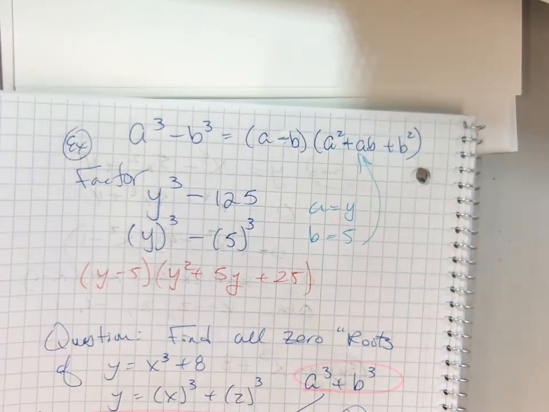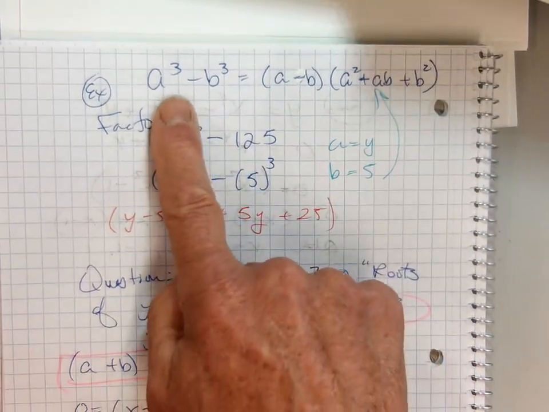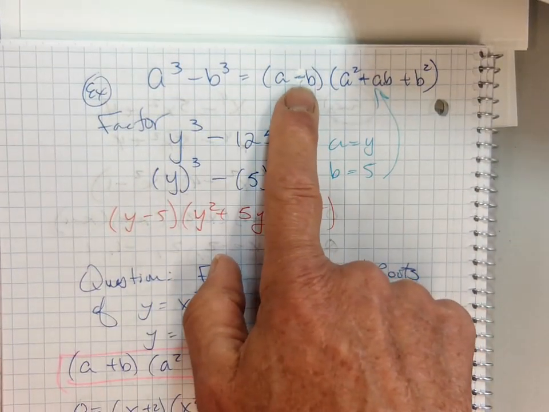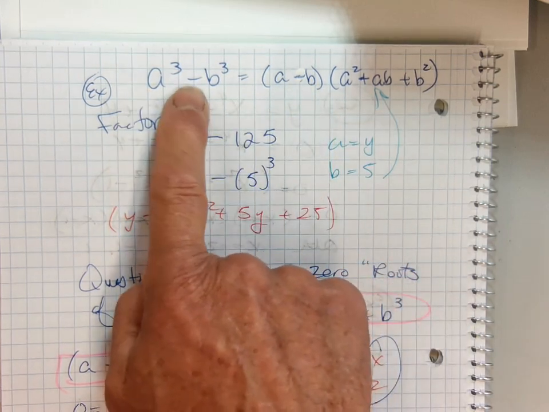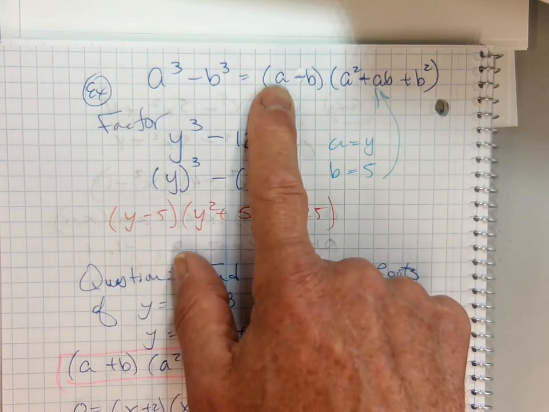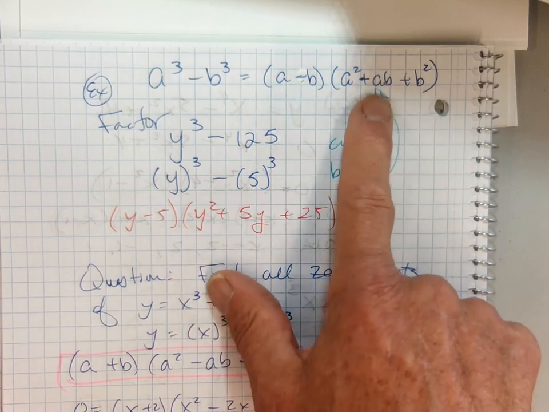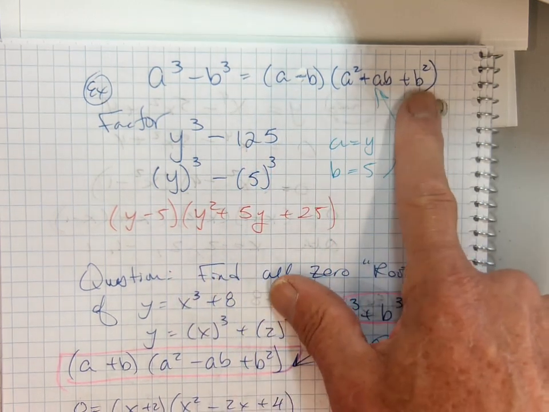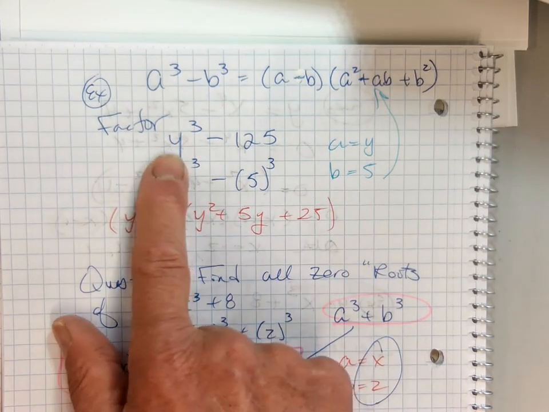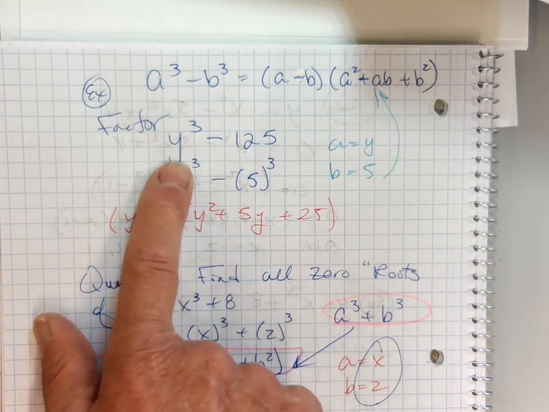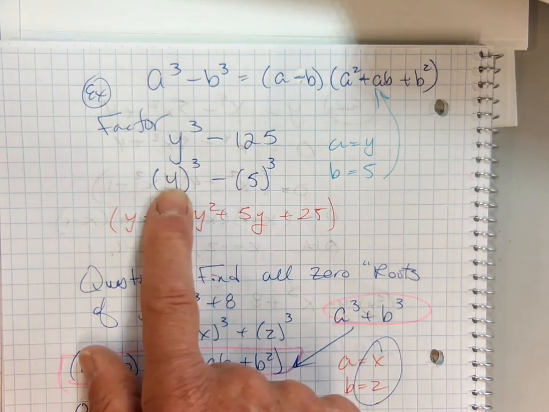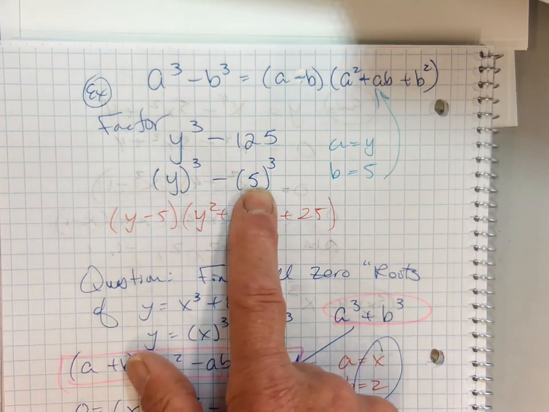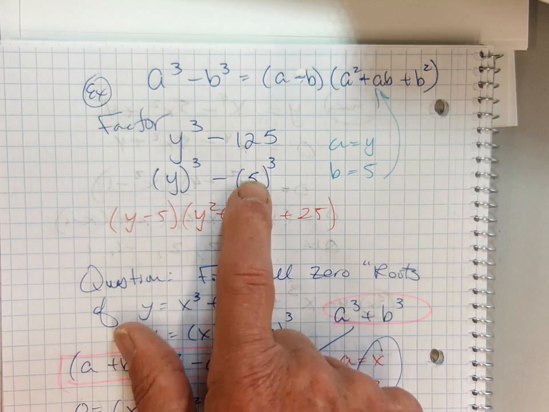Then we looked at another one. What if it's subtract? Same formula, except the signs are different. Instead of plus, minus, plus, a cubed minus b cubed is the same thing as a minus b times a squared plus ab plus b squared. So how does this formula work? We looked at another example: y cubed minus 125. Again, we've got a perfect cube, y cubed, minus another perfect cube, because 125 is 5 cubed.